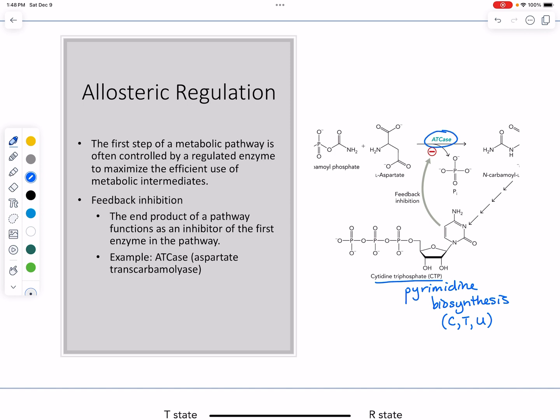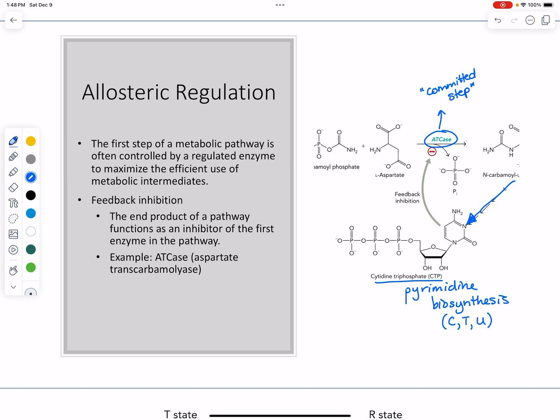ATCase catalyzes what is called the committed step. This is the point at which no intermediates are funneled off into other pathways. Everything from this step on leads to the synthesis of pyrimidines.